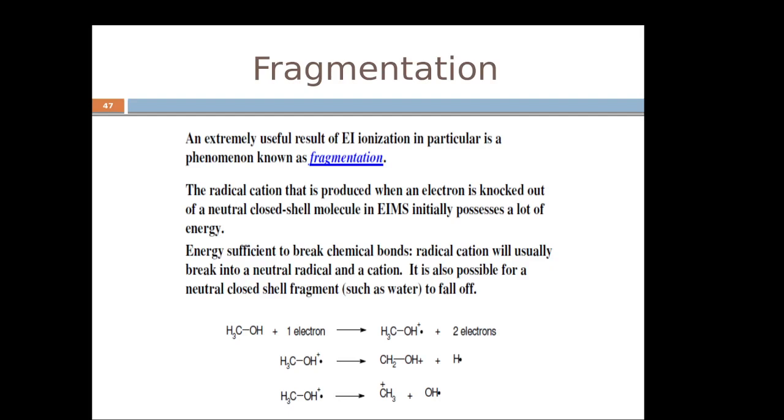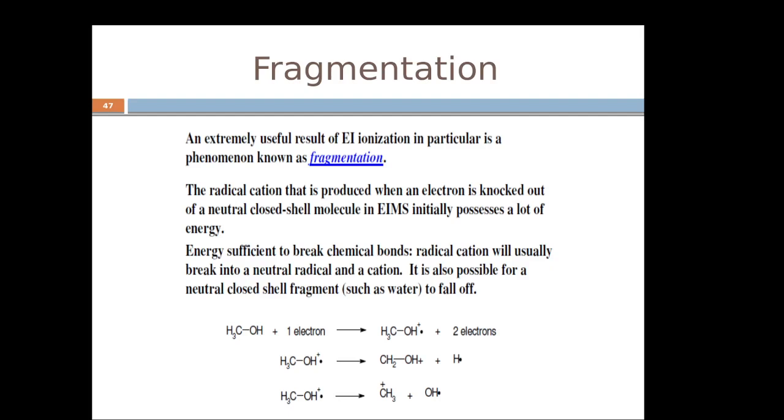As you know, we hit the molecule with a very high energy electron beam, which has an energy around 70 electron volts, which is almost 6 to 7 times greater than the energy required for breaking a carbon-carbon single bond. So as a result of this interaction, the molecule not only forms a radical cation, the formed radical cation will possess a lot of energy, which is more than sufficient to break the bonds apart in the radical cation.